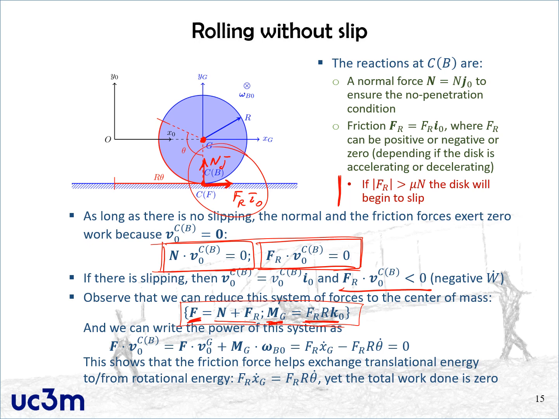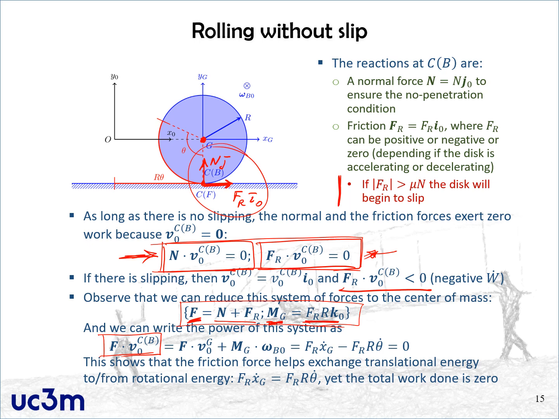So the same thing that we did over here, that this is the expression of the friction force if we take the point C of contact as our reference. There is no torque about C, so we just have the resultant force multiplied by the velocity of C, and we know that this is 0 as we saw before.